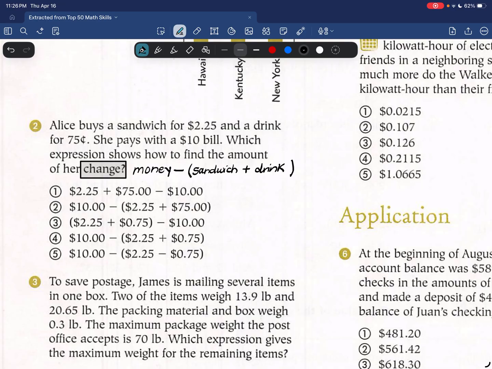And then once I get that written, I have my answer. I know that she had $10. The sandwich was $2.25. The drink was 75 cents. So I am looking for something like that. I can eliminate 1 and 3 because they don't start with $10.